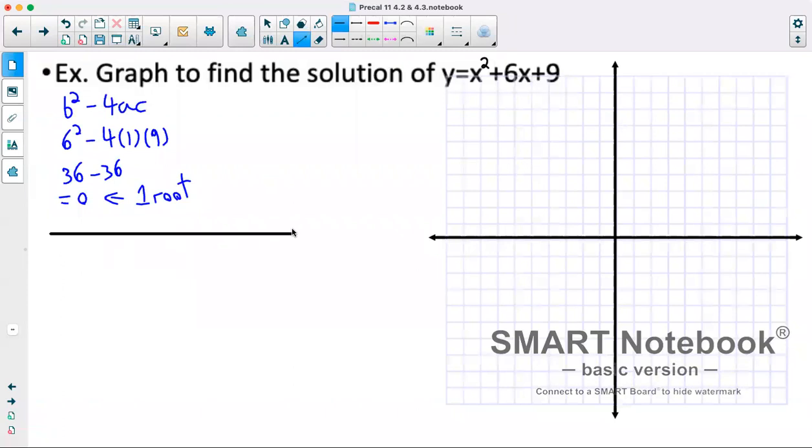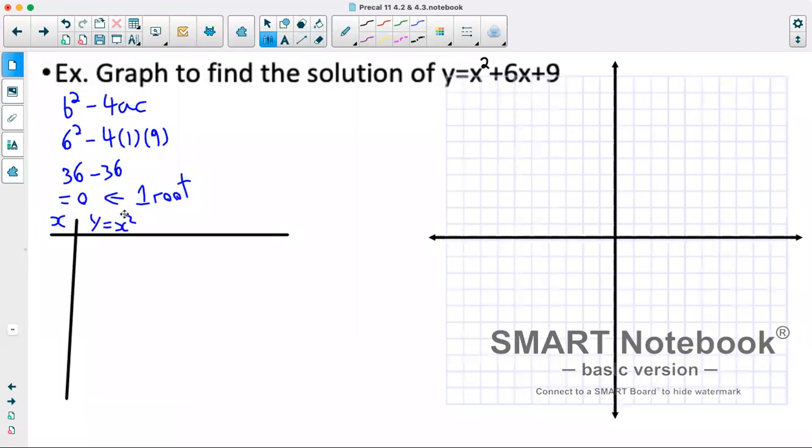So we'll look at what that is when we have our graph. So we'll do our table of values. So we have x, we have y is equal to x squared plus 6x plus 9. And I'll change up the coordinates slightly this time. I will go from, say, -5 to -1.